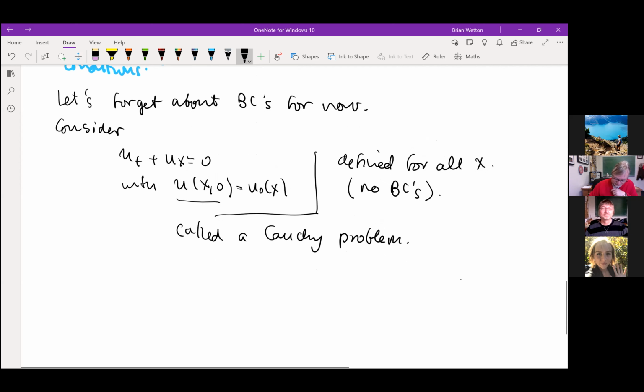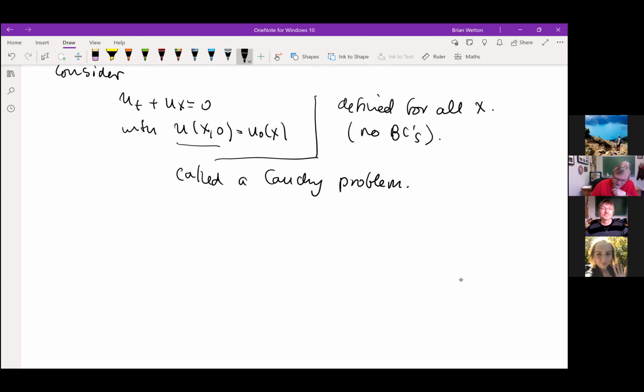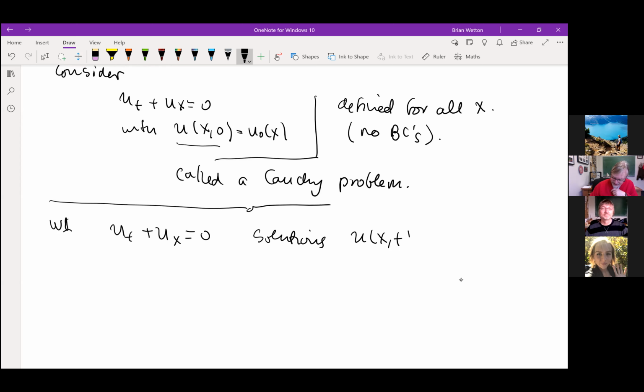Let's go back and look at our one-way wave equation. And we know we had solutions that were u of x and t equals u0 of x minus t.